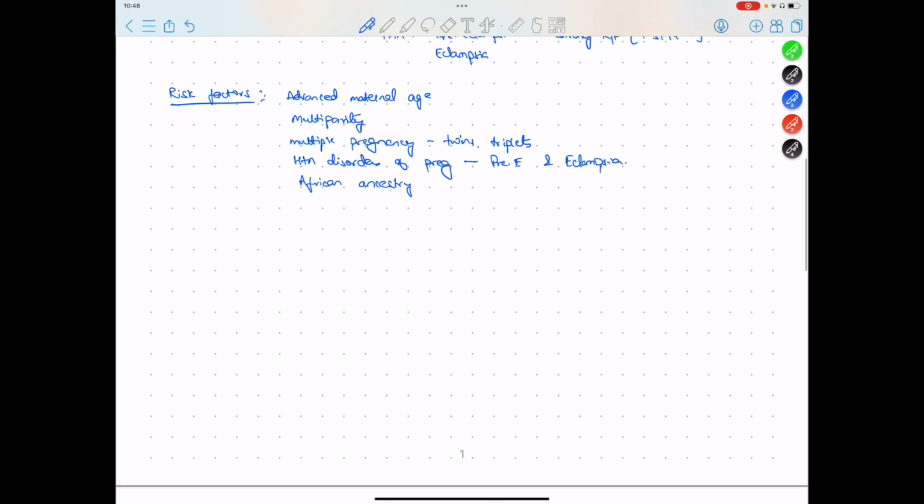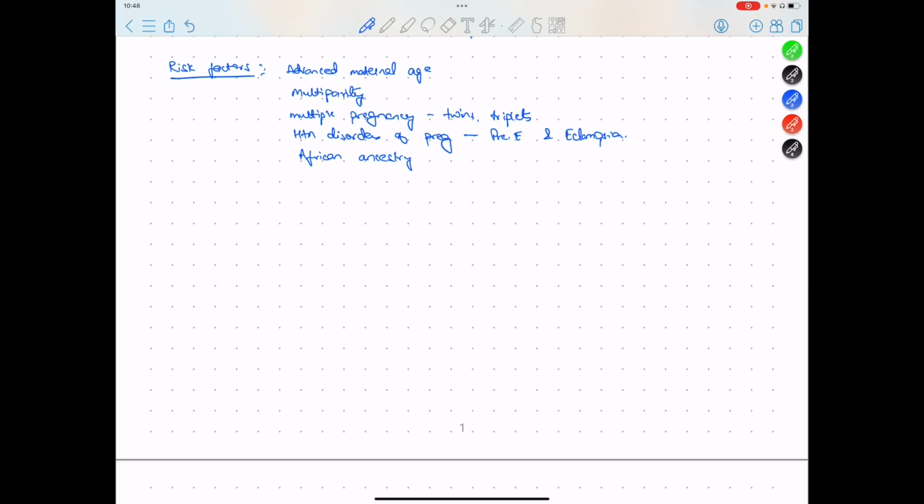Now, how does the patient present and how do you diagnose it? The clinical presentation. The pregnant female will complain of dyspnea on exertion and pedal edema. But as you know, dyspnea on exertion and pedal edema are most common in the last trimester of pregnancy, so it is difficult to differentiate. So it is difficult to diagnose.